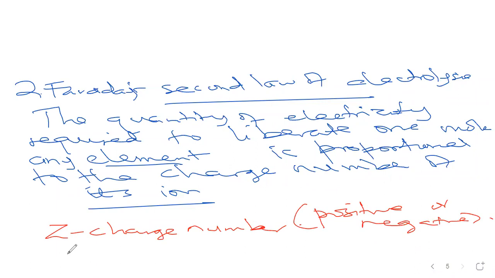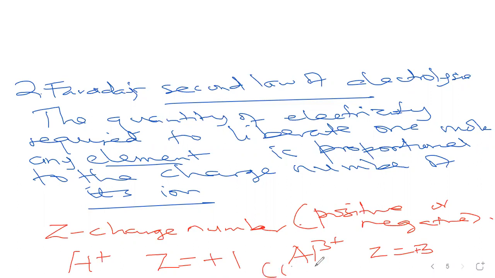For example, for the hydrogen ion, Z is positive 1. For the aluminium 3 ion, Z is positive 3. For the chloride ion, Z is negative 1. For the oxide ion, Z is negative 2.